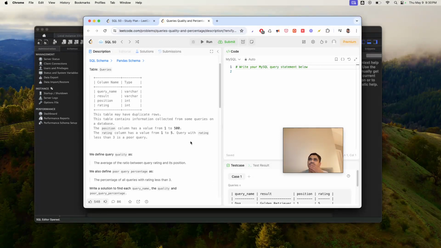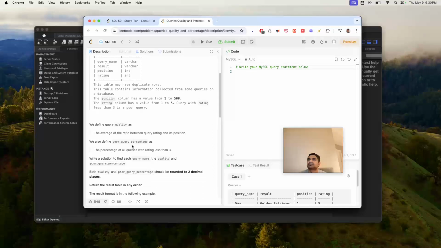The rating column has a value from 1 to 5. A query with rating less than 3 is a poor query. We define query quality as the average of the ratio between query rating and its position. We also define poor query percentage as the percentage of all queries with a rating less than 3.